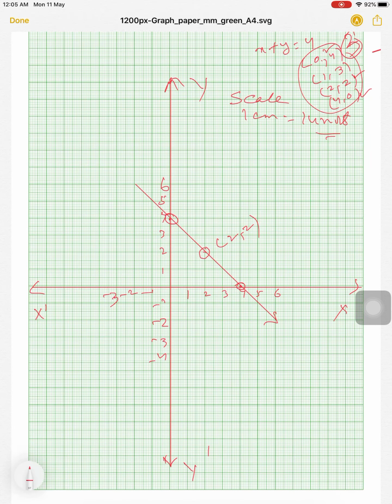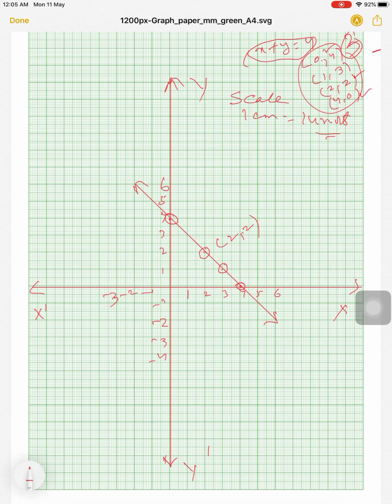Now I have plotted the graph of the equation x plus y equal to 4. Any point on this graph represents a solution of this equation. Let me think of this point. This is 3, 1.